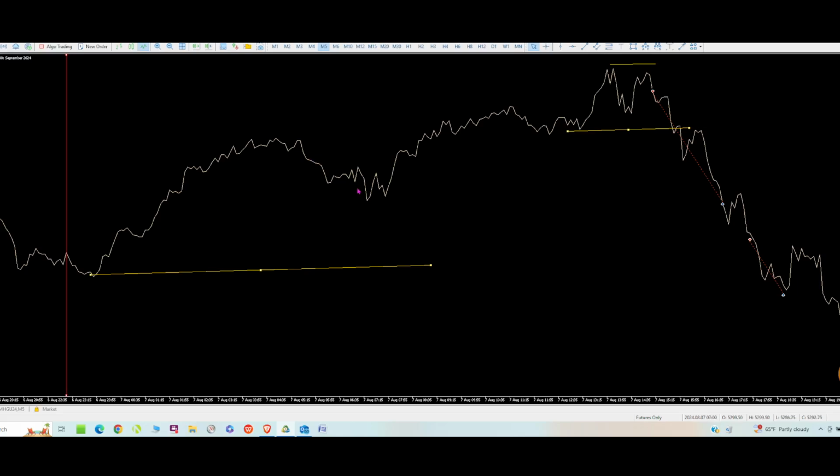Even with this big pullback, remember the major swing low was way down here. So unless price had come down and taken out this low, and then maybe bounced a little back up, that would have been a signal to go short. But we never got that.